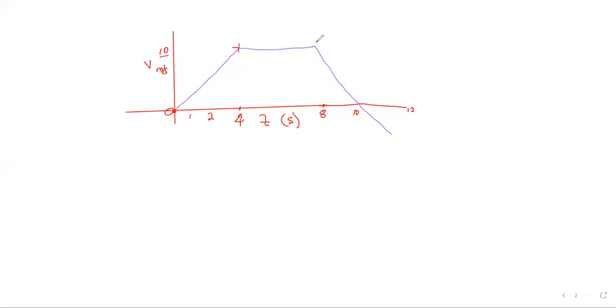Time goes on, v does not change, it's constant. V is constant in this time interval between 4 and 8. So we can say from the 4th second to the 8th second, v is not changing.